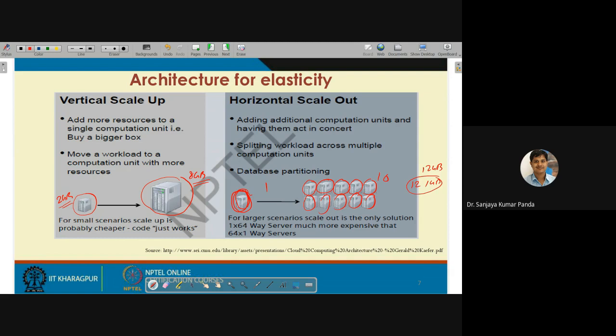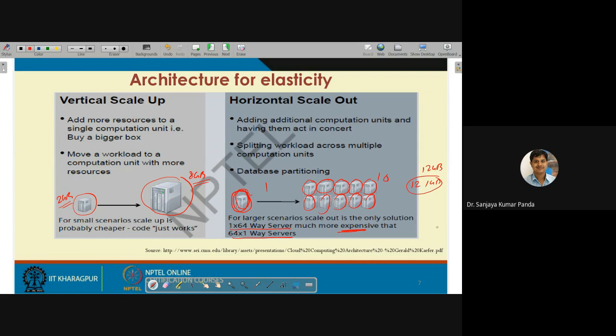Okay, and 12 GB cost one server is less costly. But if you are working in a particular environment where frequent failures happen, in that case you can say 1 GB of server is better. That's why in this case also they are saying 1 cross 64 way server is much more expensive than 64 one way server.